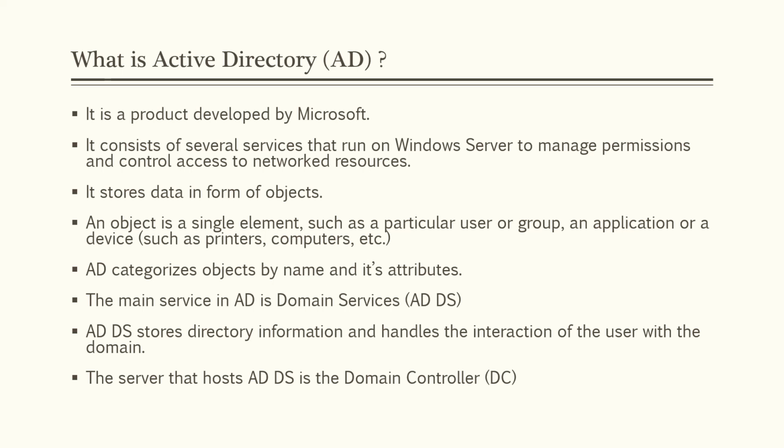So all of this data that is stored in an Active Directory environment is stored in the form of an object. Now an object is a single element such as a particular user or a group of users or an application or a device. So the most basic unit of an Active Directory is an object. So Active Directory categorizes its objects by name and its attributes.